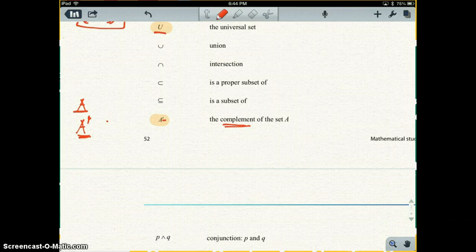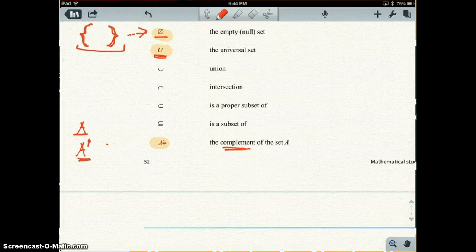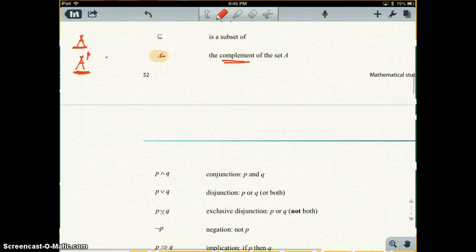Okay, so that means the opposite of. So let's say that the universe is all the animals, and A is animals with 4 legs. Then A prime would be all the animals that have a different number of legs or no legs.